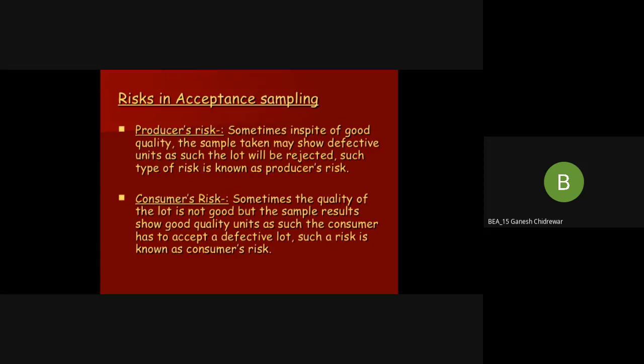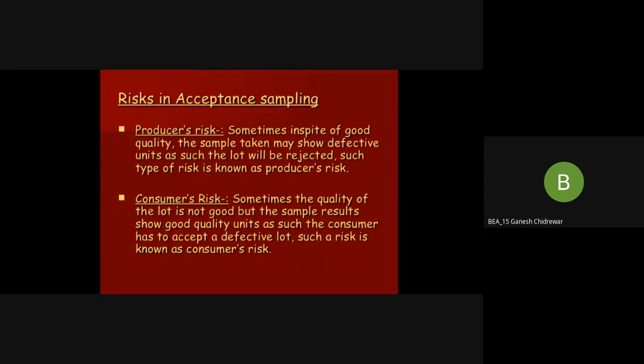Now the consumer, while buying any product or any service, will consider all the results, or will compare this product with other industries. Now buying any product from an industry is also a risk, na?